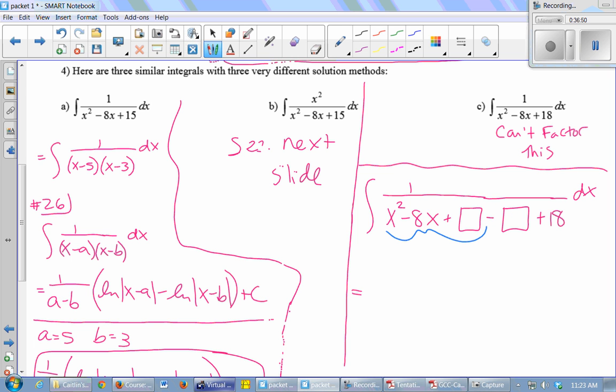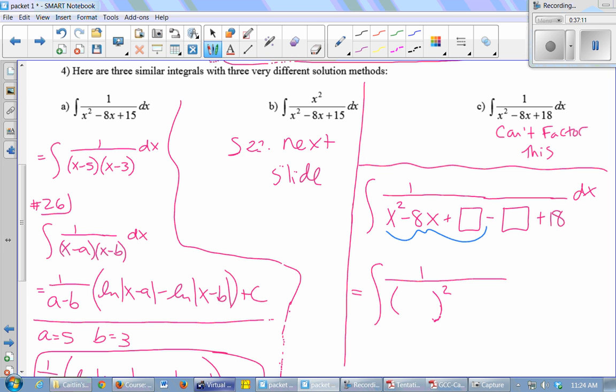So my goal is to choose that thing so that I end up with something squared, so that what is under that blue curly bracket has to factor to something squared.